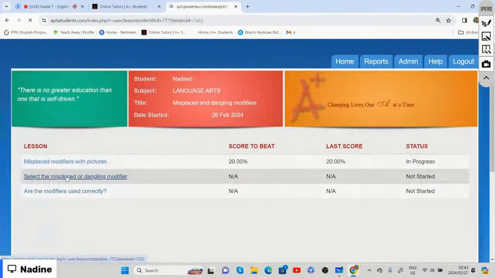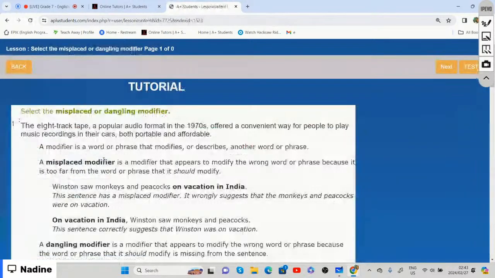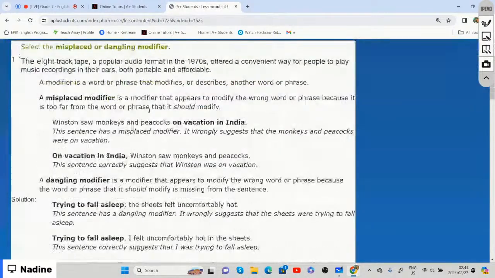Now we're going to select the misplaced and dangling modifiers. And we see the modifier is a word or phrase that modifies or describes another word or phrase. And once again, a misplaced modifier is a modifier that appears to modify either the wrong word or the wrong phrase because it is too far from the word or phrase that it should modify.